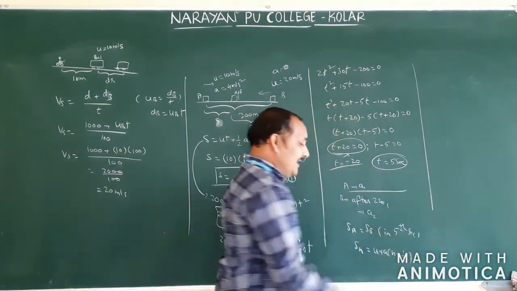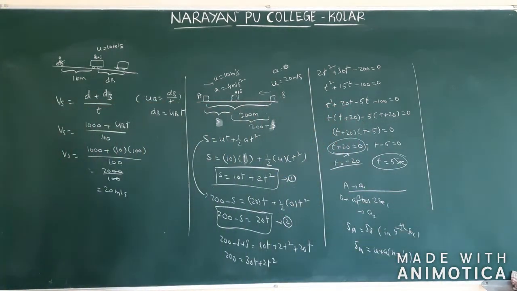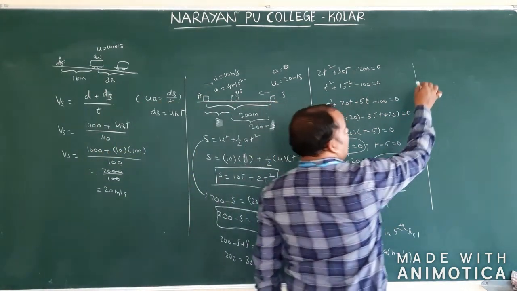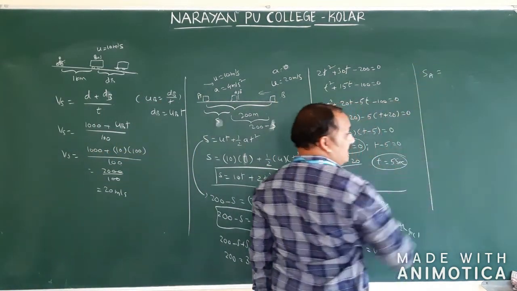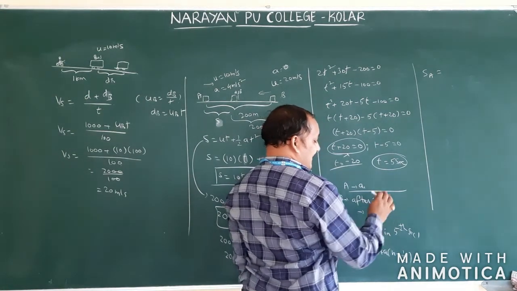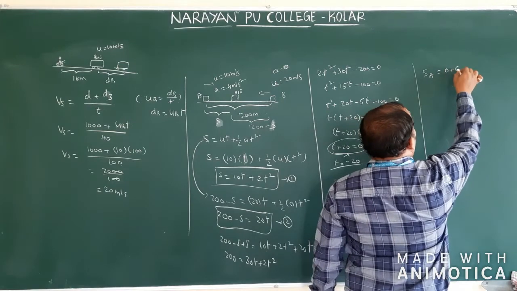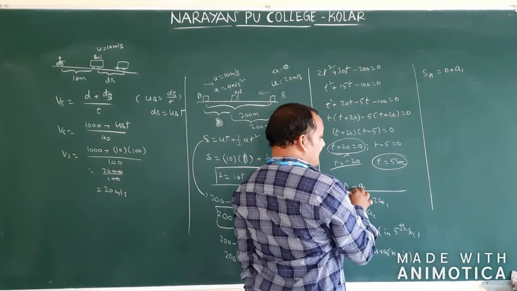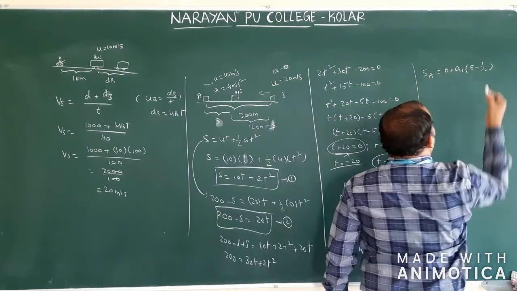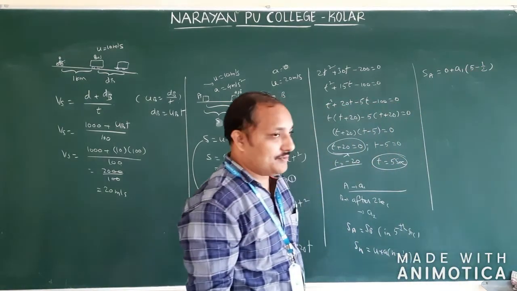Isn't it? So is it starting from rest? So a body A starts from rest. Therefore u is 0. So object A, distance covered by A in 5th second: 0 plus a1, because A is moving with a1 acceleration, into 5 minus 1 by 2.